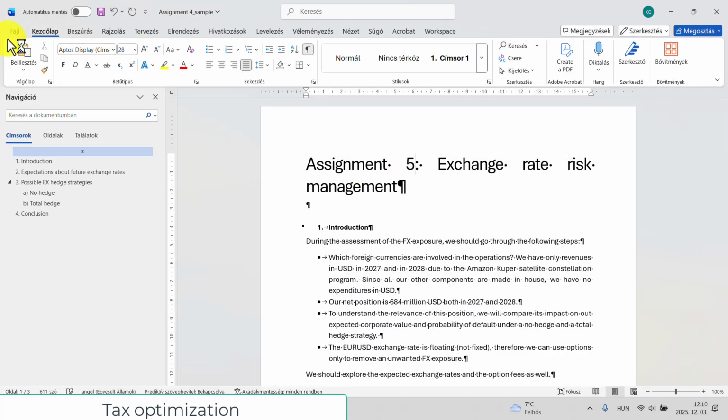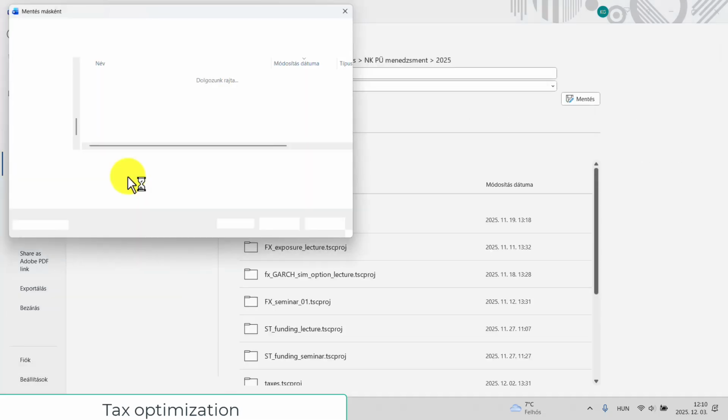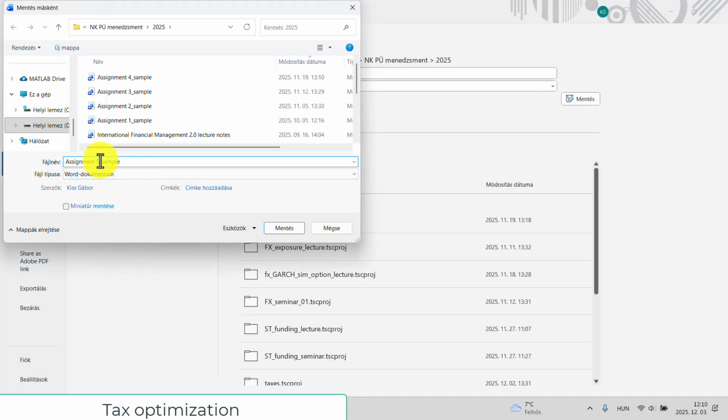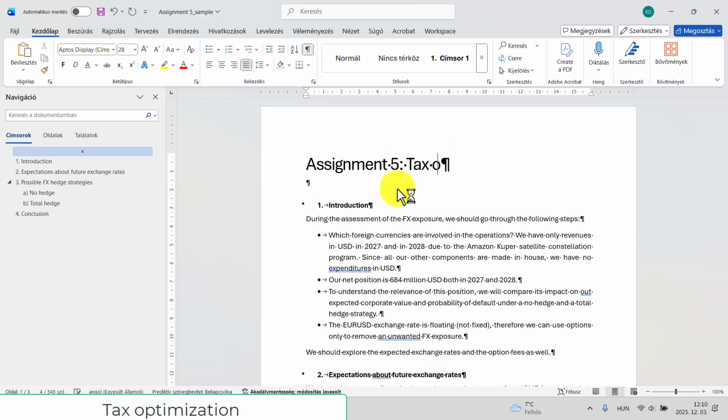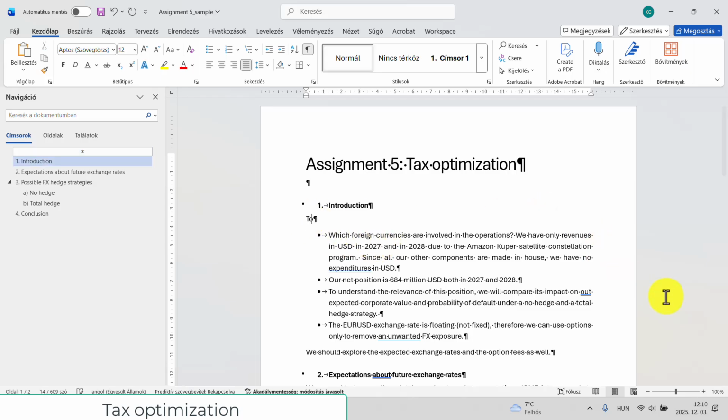Assignment 5 sample: tax optimization. Introduction. To optimize taxes, multinational companies tend to follow two main strategies.